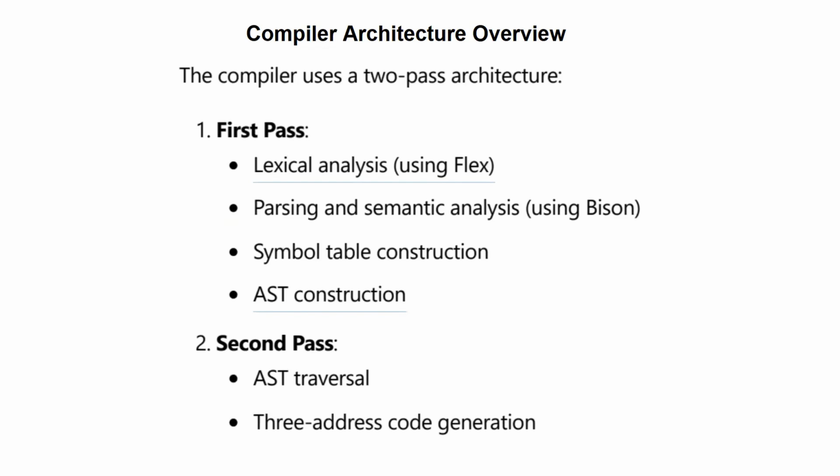The abstract syntax tree is the bridge between the two passes. The second pass uses the abstract syntax tree to produce intermediate code, typically in the form of three address code. This approach separates the concerns of syntax or semantic analysis from code generation, making the compiler more maintainable and extensible.